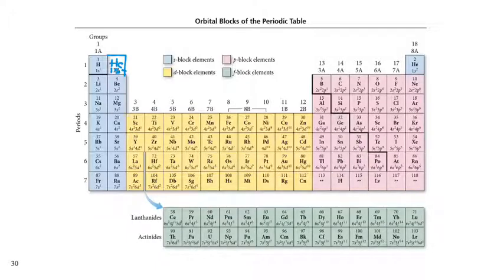Once you get here, the D's and the F's and the P's get all jumbled up, and this is how you remember what they are. Over here, the period number is the principal quantum number for the S and the P sublevels. For the D block, I'm going to erase hydrogen and helium because it's in my way.